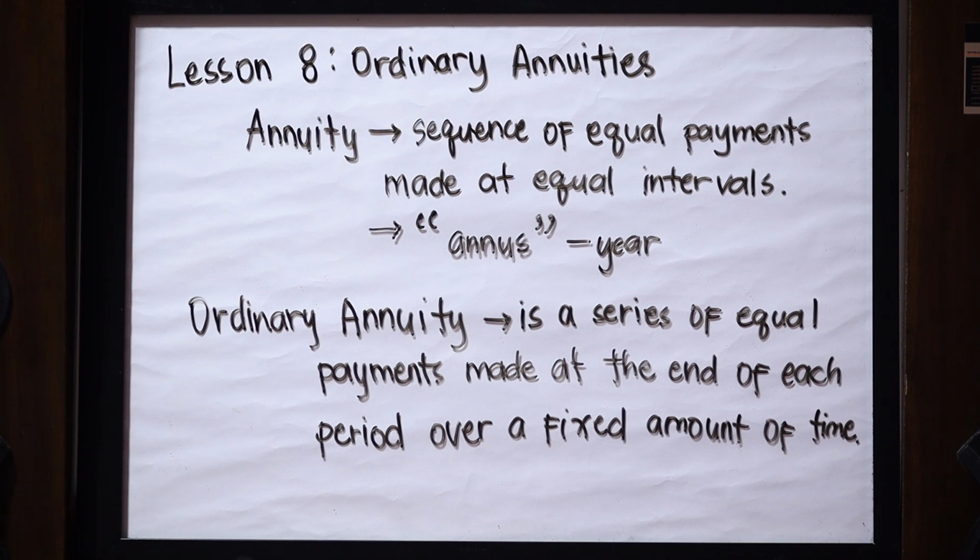An annuity is also the money that may come from an investment and is paid regularly for a fixed period of time. So an annuity is like an investment, and a common example is life investments or insurance, right? In insurance, you pay the same amount every month for how many years.